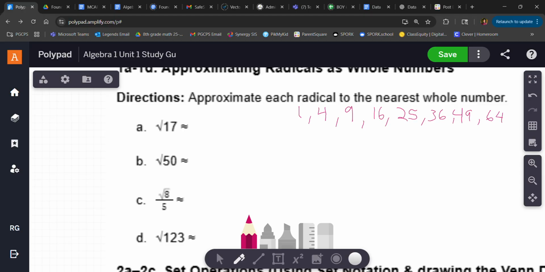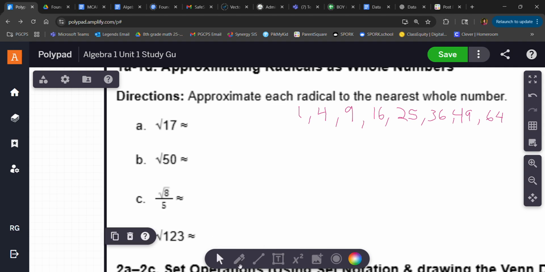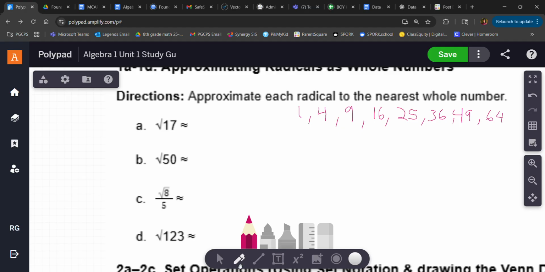So then once you have your perfect squares listed out, let's take, for example, the square root of 17. With the square root of 17, we're going to see which two perfect squares it fits in between. In this case, that's the square root of 16 and the square root of 25. So the square root of 17 will go right in between those two perfect squares.